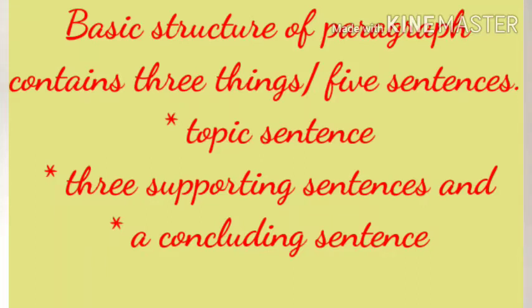It tells us that there should be at least 3 sentences in the paragraph after the topic sentence as evidence of the topic sentence. And third is the concluding sentence. This is the last sentence of the paragraph in which we restate the idea of the main topic of the paragraph.